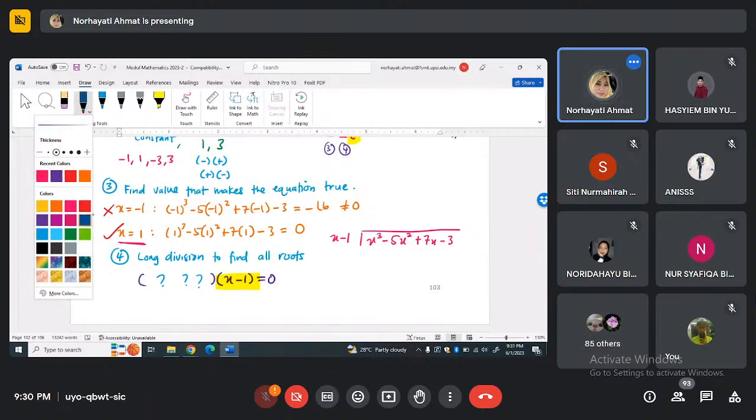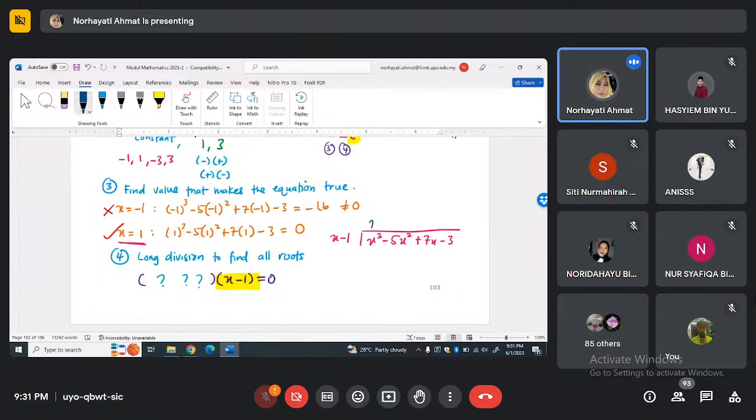Kita akan dapat, okay, here is x cube. This one is x square, x square times x gives us x cube. And then x square times negative 1 gives us negative x square. And then we subtract. Kita akan dapat x cube minus x cube is 0.